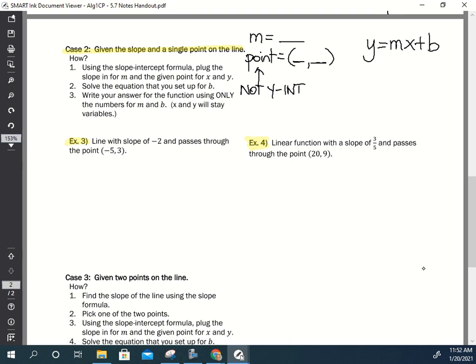So let's look at example 3. The line has a slope of -2 and passes through the point -5, 3. So your slope is -2 and your point is -5, 3.